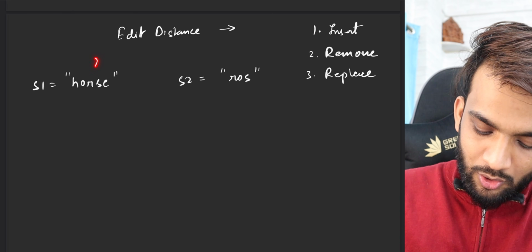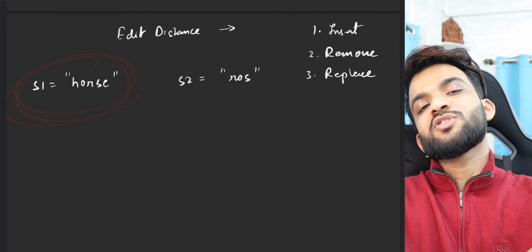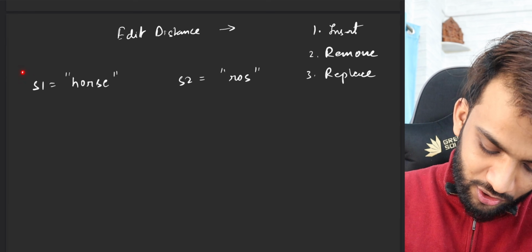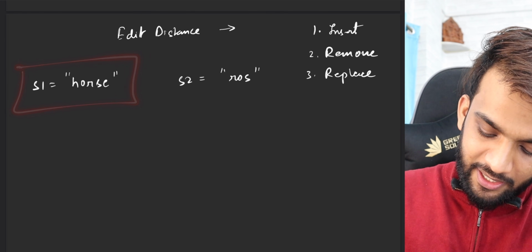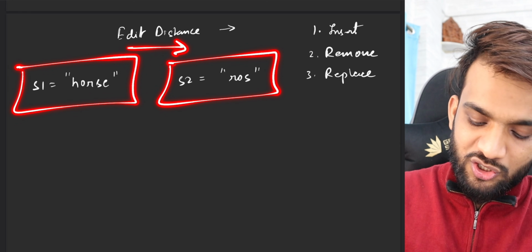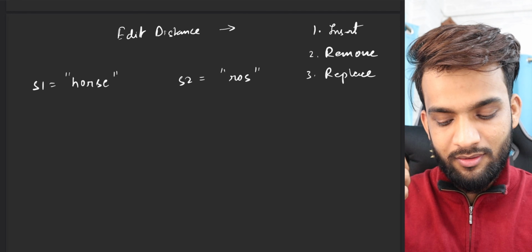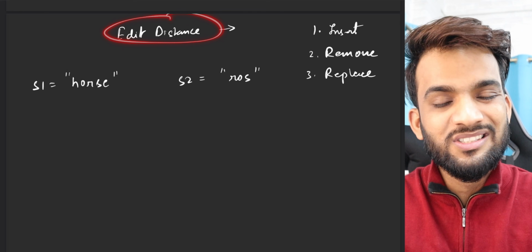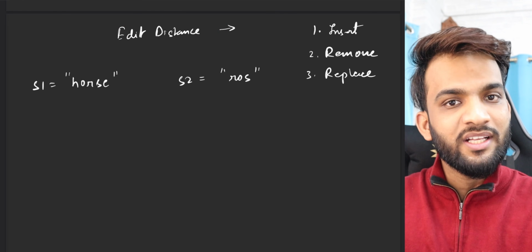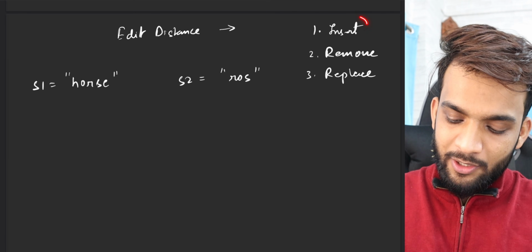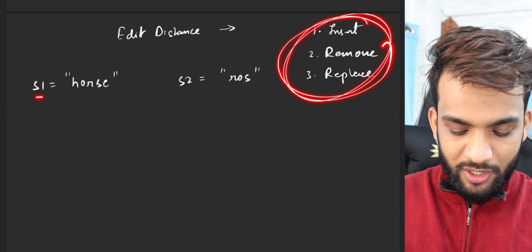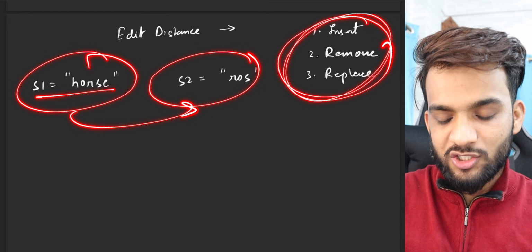You have to tell me the minimum number of steps in which you can convert this given string s1 into this given string s2. That is what the question states, edit distance, which means minimum operations using these three functions in order to convert the string s1 to string s2.